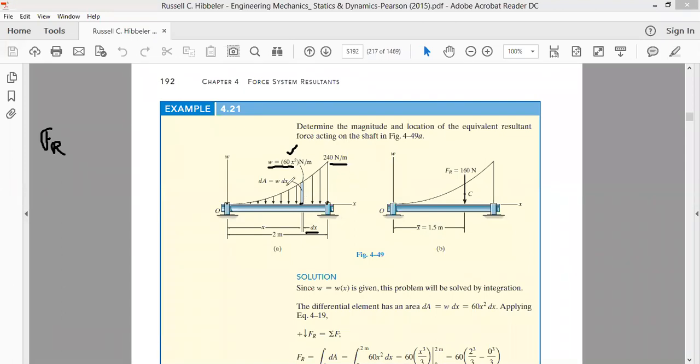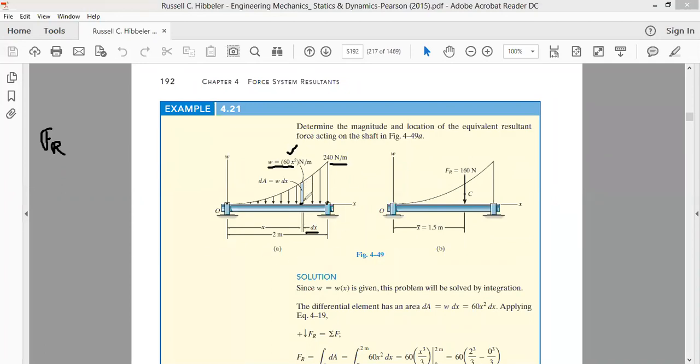The intensity of the load there is w, as given: w equal to 60 x squared Newton per meter. Therefore, how much load will be produced by this small area whose thickness is dx?